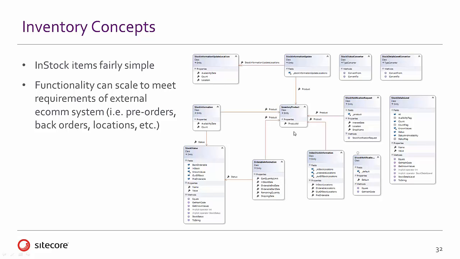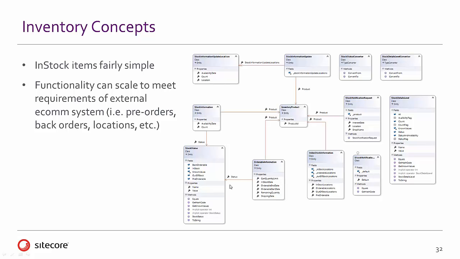And so in our NOP Commerce example, we really have a very simple inventory model. We're essentially just using stock status, so whether something's in stock or out of stock. And that's about the level of complexity that the example products on the NOP Commerce side have. However, the model itself can get extremely complex. A few things to point out here.